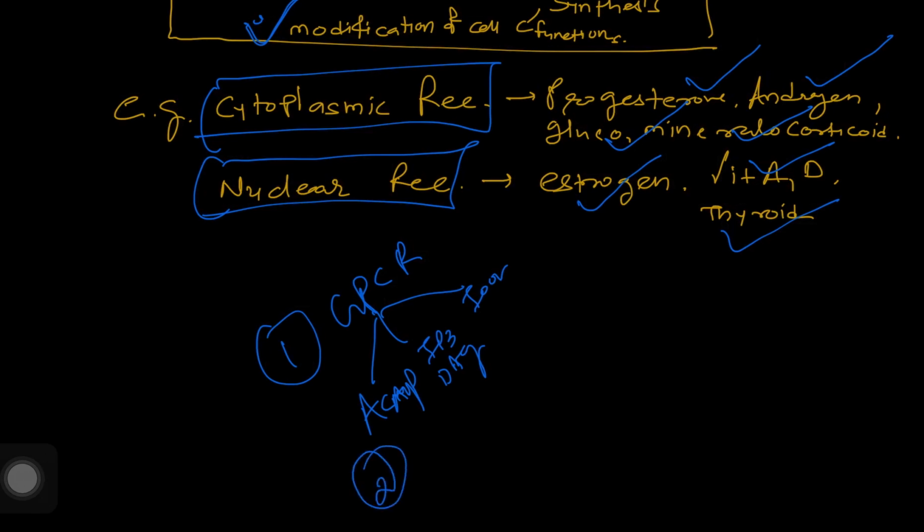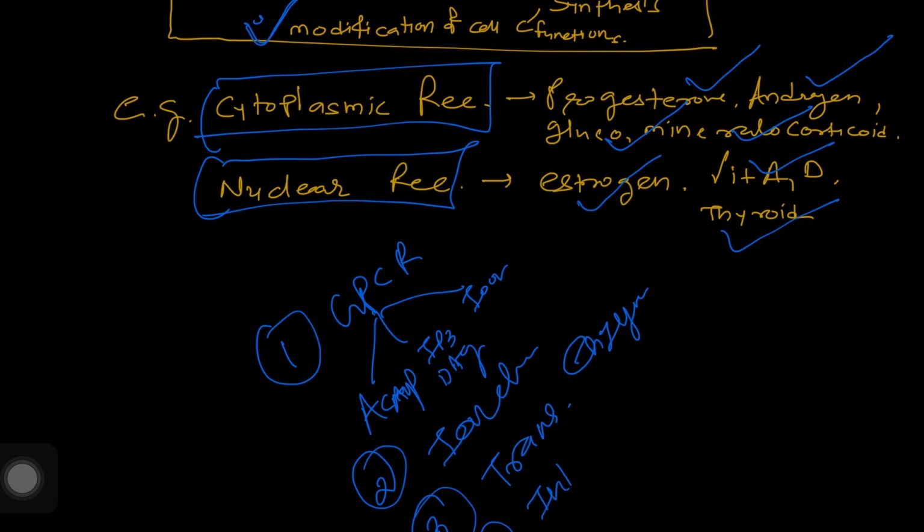Then we saw the second type of receptors, ion channel regulated receptors. Then we saw the third kind of receptors, transmembrane enzyme linked receptors. And the fourth was intracellular receptors. So we have completed the different types of receptors now.